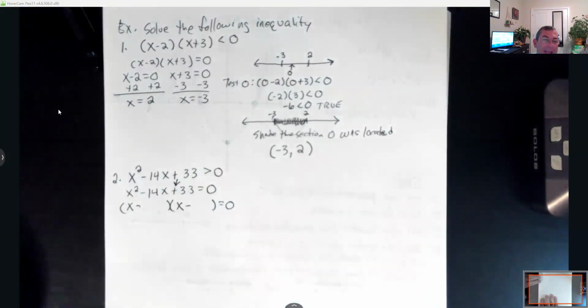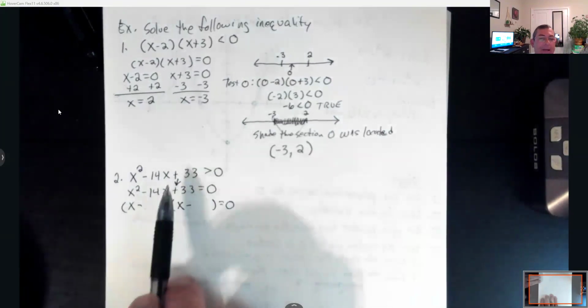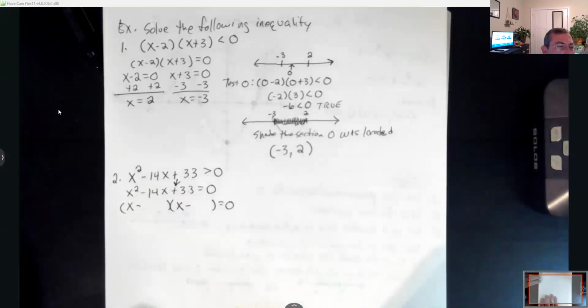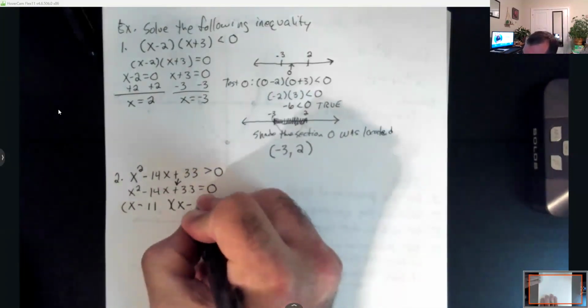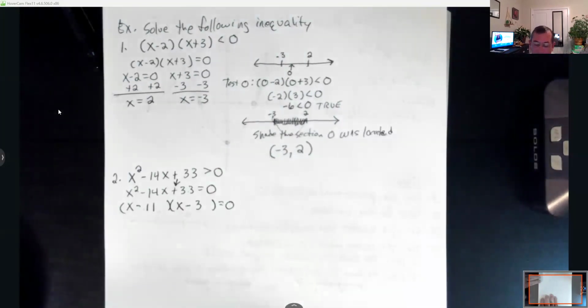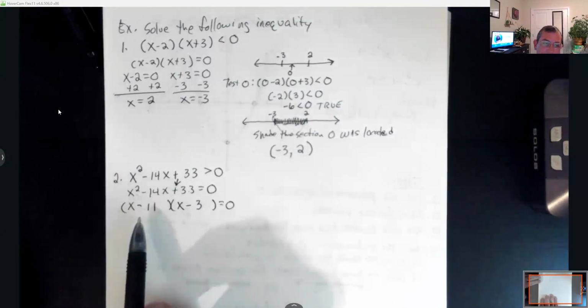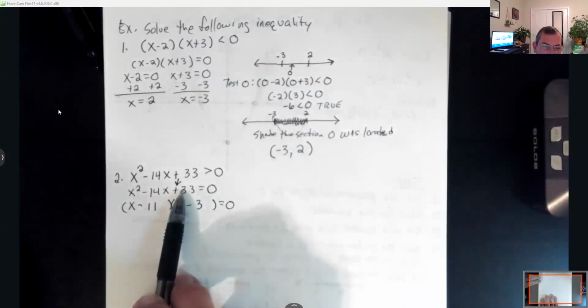All right, y'all, now I need factors of 33 that will equal 14. What you got there? 11 and 3, perfect. All right, so -3, -11, add to get -14, but -11 times -3 multiply to get 33.